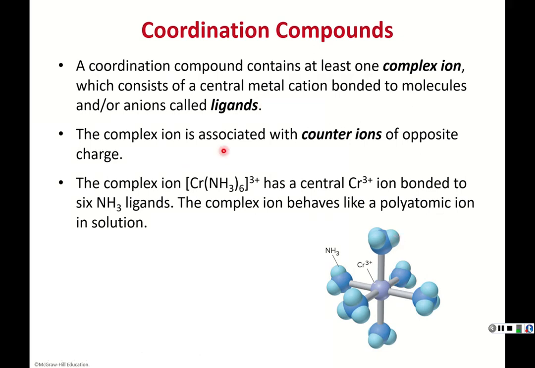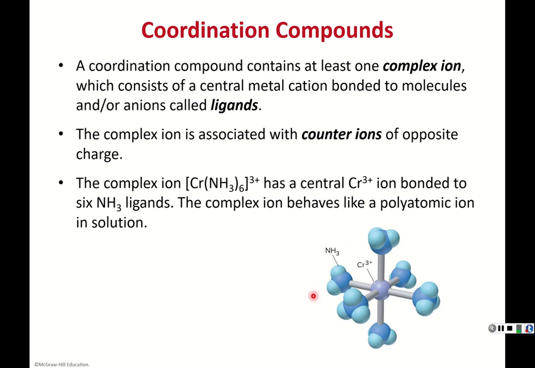The complex ion or coordination compound is associated with counter ions of the opposite charge. So if we look at this coordination compound at the bottom of the screen, this would be our complex ion, where we have a positively charged chromium metal with 6 ammonia ligands to it. This whole thing, because of the positive charge on the chromium, has a positive charge.